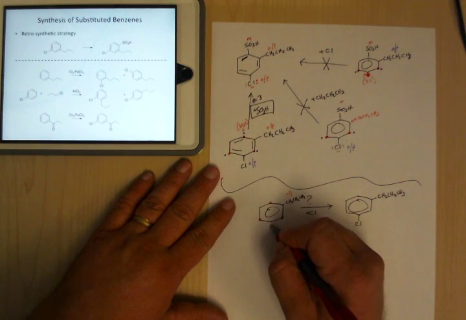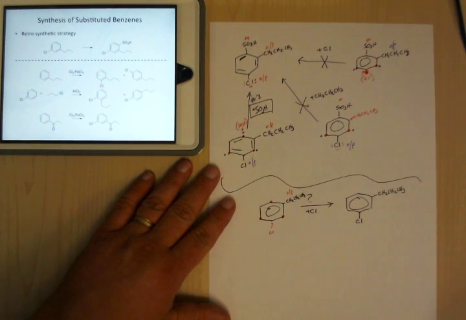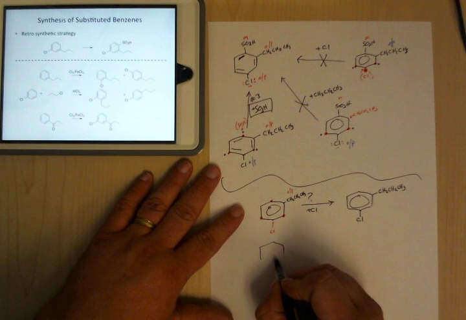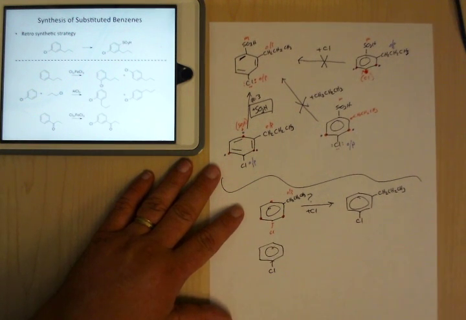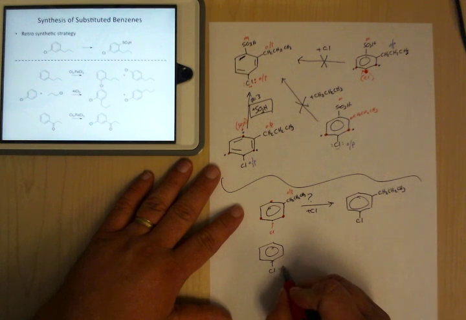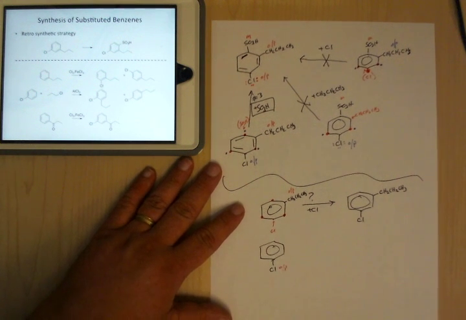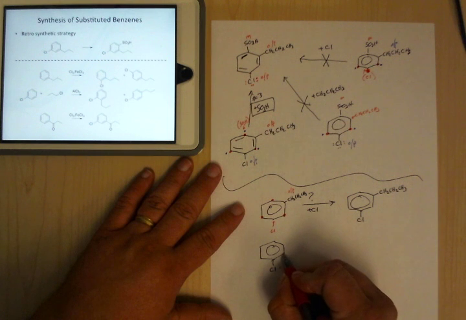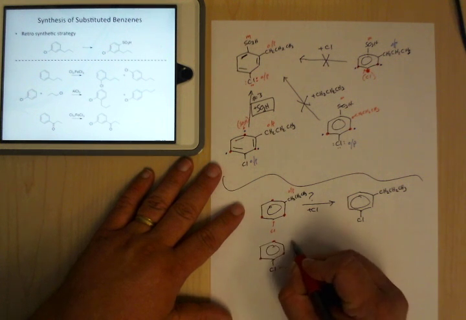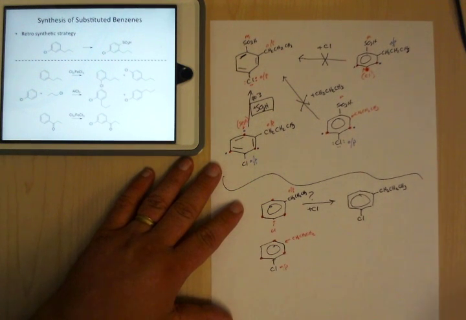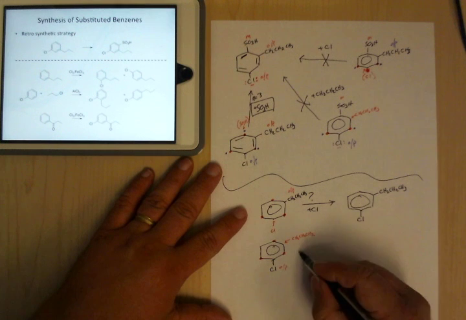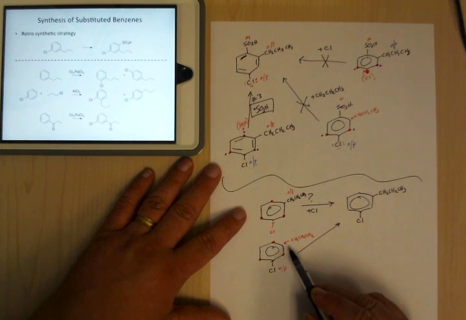But we really want the chlorine to go there. What if we put on the chlorine first? Again, this is ortho-para, so that's going to want to go here, here, and here. And we really want the CH2, CH2, CH3 to go there. Well, crap.